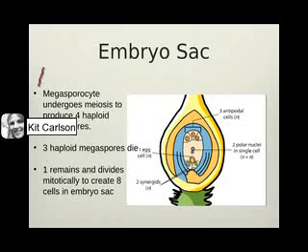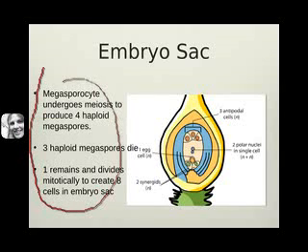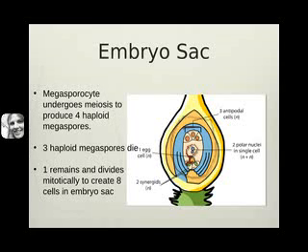Just a little recap here, everything I already talked about. And then this is just another recap of the mature female gametophyte, the antipodal cells up here at the top, polar nuclei in the center, the egg cell, and the synergids. And remember, at this point, everything here inside this gametophyte is haploid.